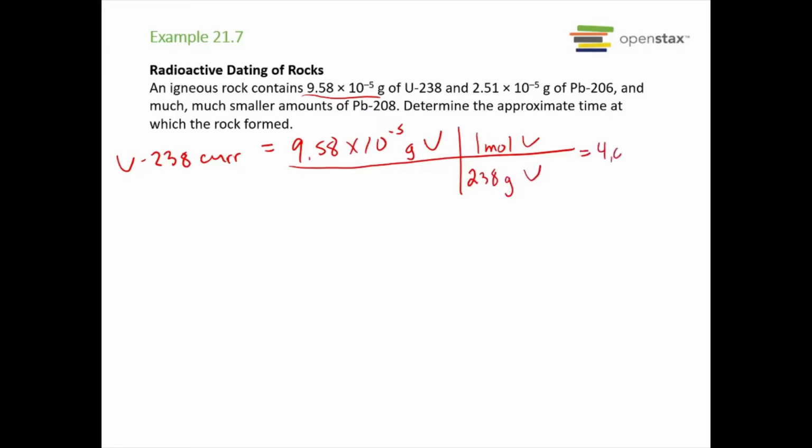So this is 4.03 times 10 to the -7th moles of uranium. And when 1 mole of it decays, we get 1 mole of lead-206.